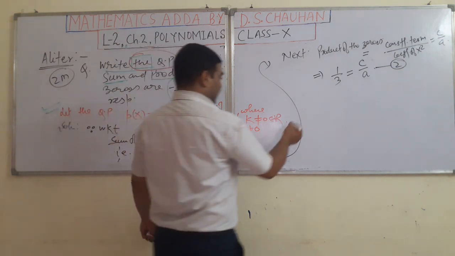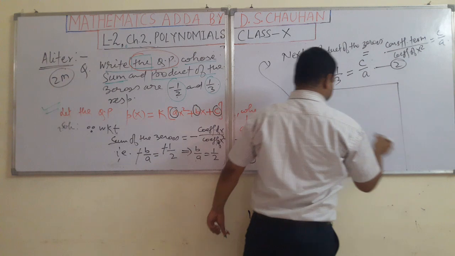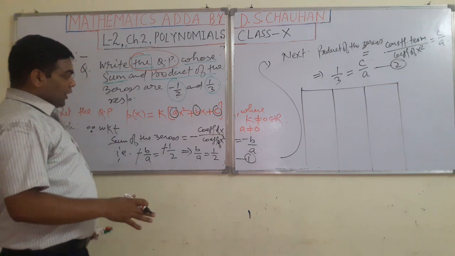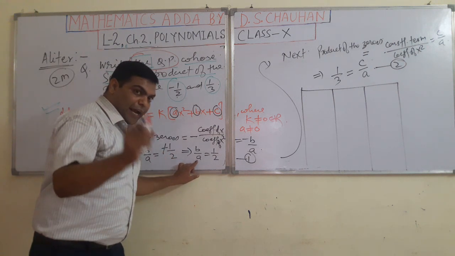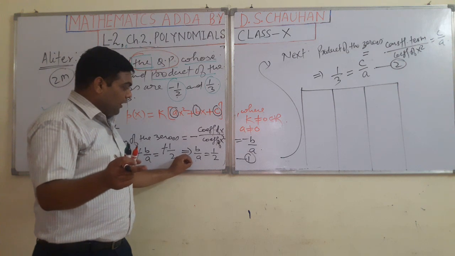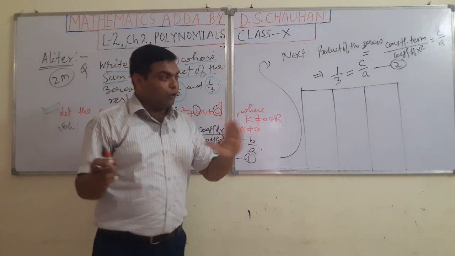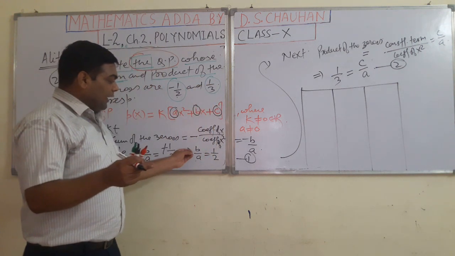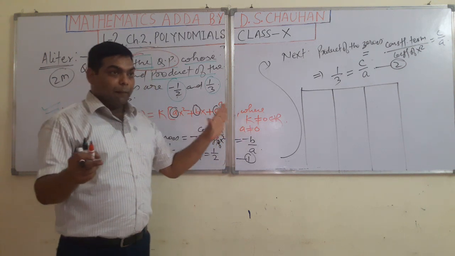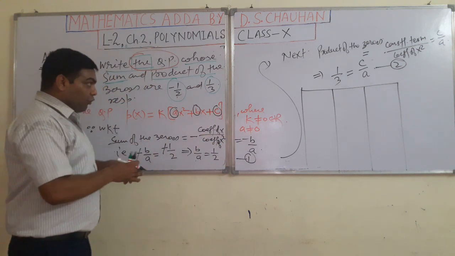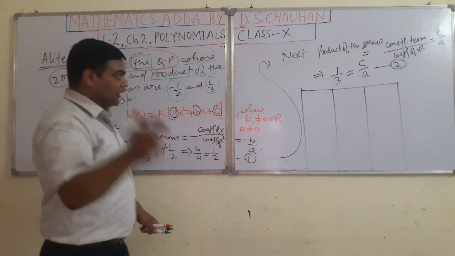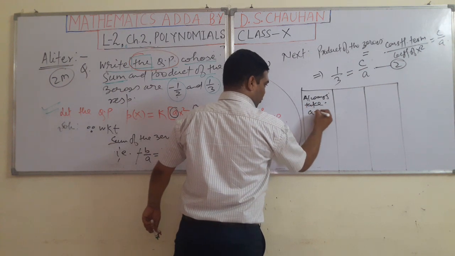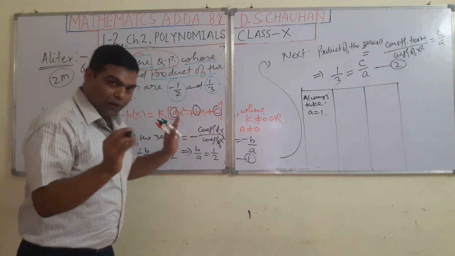So out of these three variables a, b, c, give priority to a and put the value of a equal to 1 if you want to find the answer easily. Otherwise, you are free to take any real values of a, b and c. But for your better convenience, students, always take a equal to 1. You are free to take it.